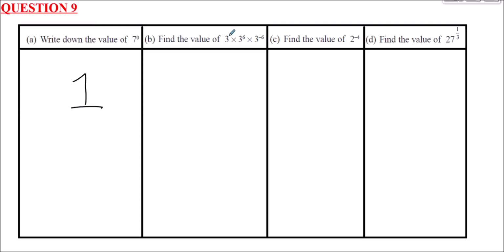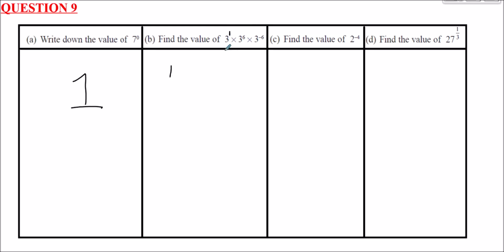Part B, find the value of 3 times 3 to the 6 times 3 to the minus 6. The big numbers are all the same, all 3s. That 3 doesn't have a little number next to it. If it's just a number on its own, it's the same as saying it's to the power 1. When we're multiplying numbers where the base numbers are the same, and we want to work out the new overall power, we just add these powers together.